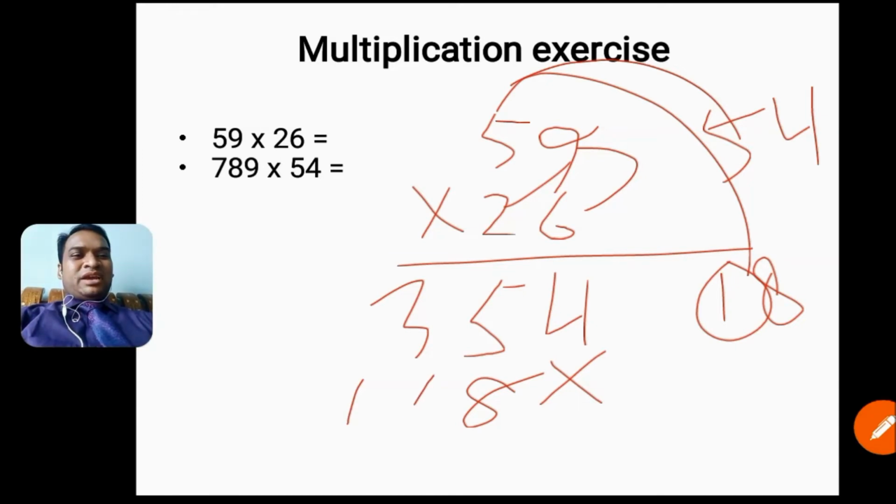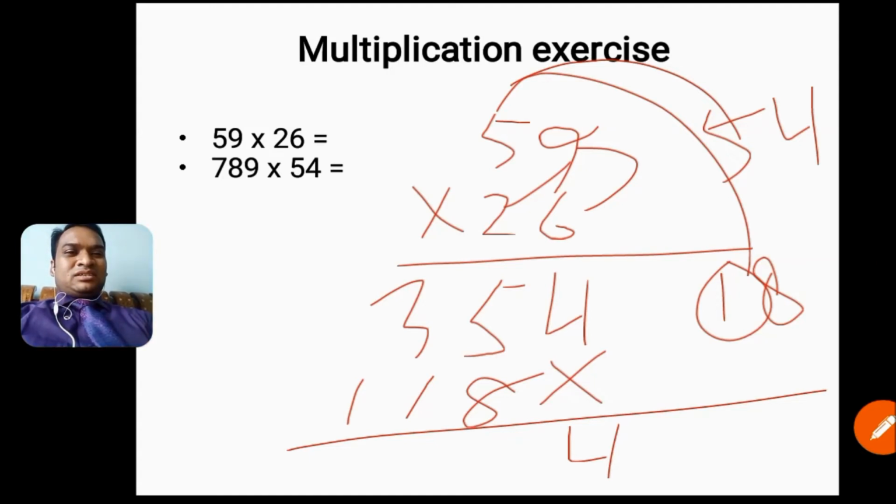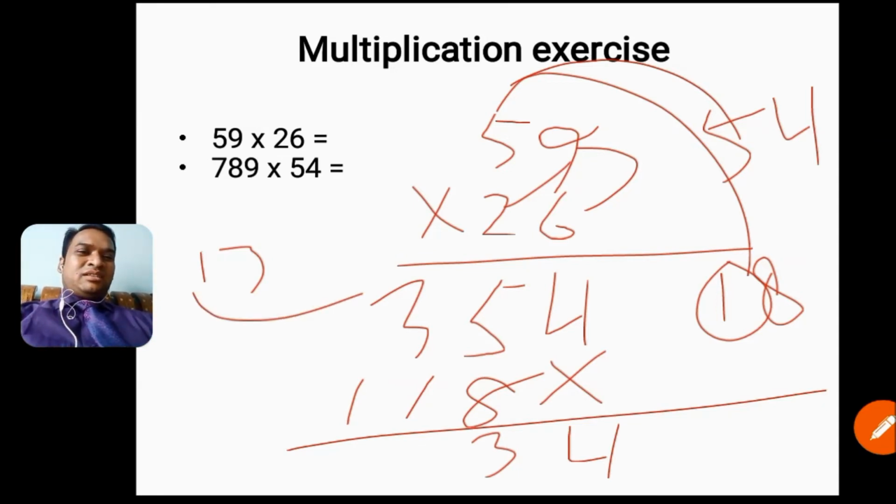So now we'll add this all together in this way. So 4, and if we add 5 with 8, then it becomes 13. 13, we'll write 3 here, and 1 goes here. Okay, then 1 and 3 is 4, and 1 is 5.